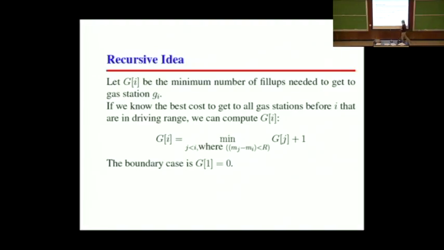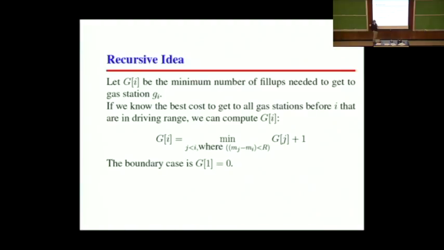It doesn't help me that there's one filling station in New Jersey if I can't make the trip from New Jersey all the way to Florida on one tank. Does everybody see it? Best I can do is fill my tank up. So does everybody see that this recurrence relation is going to solve my gas problem?